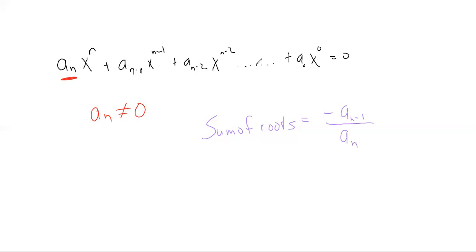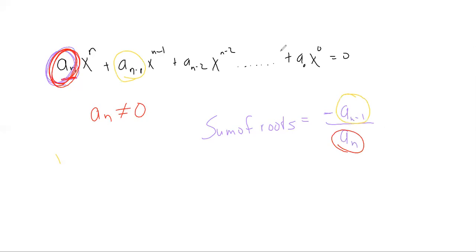In other words, the leading coefficient goes on bottom. So let's circle that in red. The coefficient of the next term, right here, goes on top, and I make it negative.